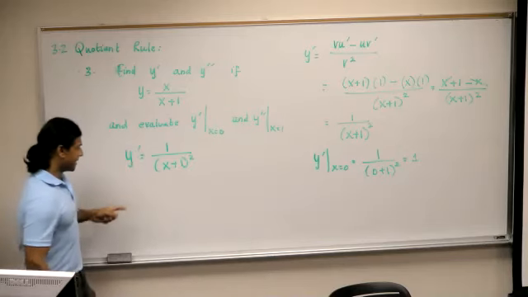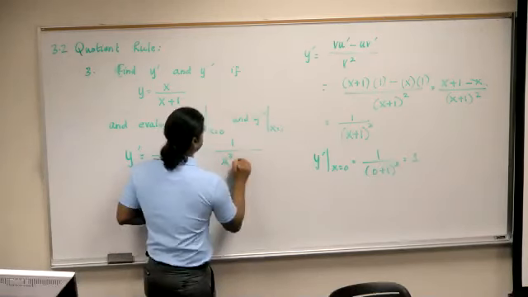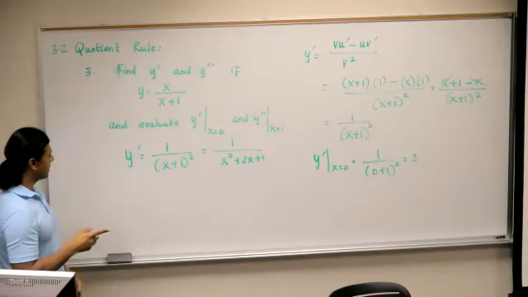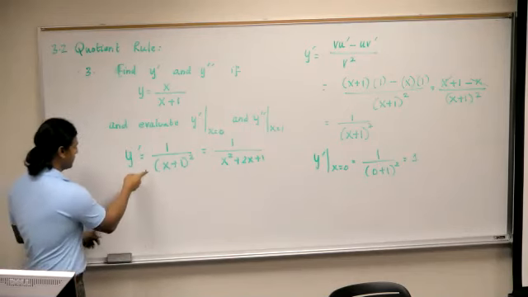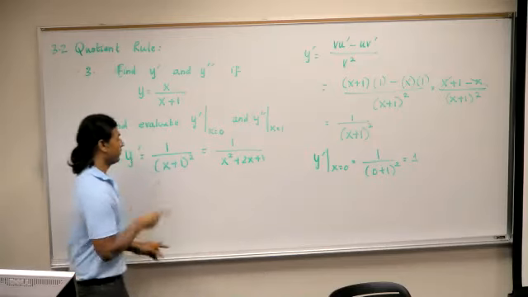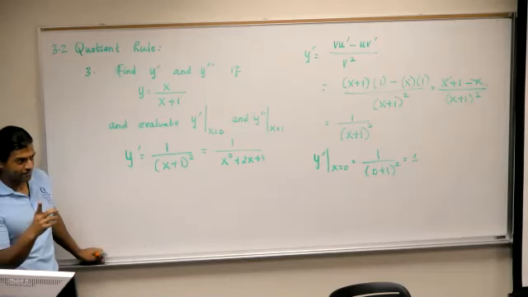But before I start, I am going to FOIL the denominator and write it as x squared plus 2x plus 1. And you may say, well, you're contradicting yourself. You asked us to leave it as factors, now you're expanding it. Well, I'm doing this here because I haven't taught you chain rule.